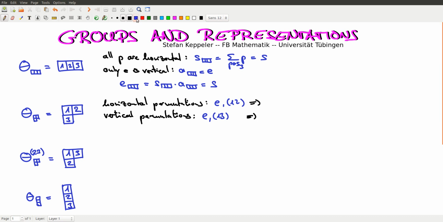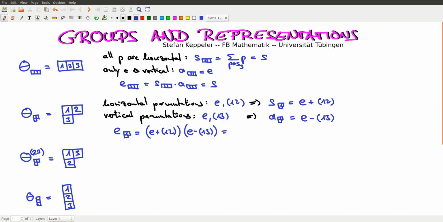This means the row symmetrizer for this tableau is identity plus (1 2), and the column anti-symmetrizer for this tableau is identity minus (1 3). And then the Young operator is identity plus (1 2) times identity minus (1 3).